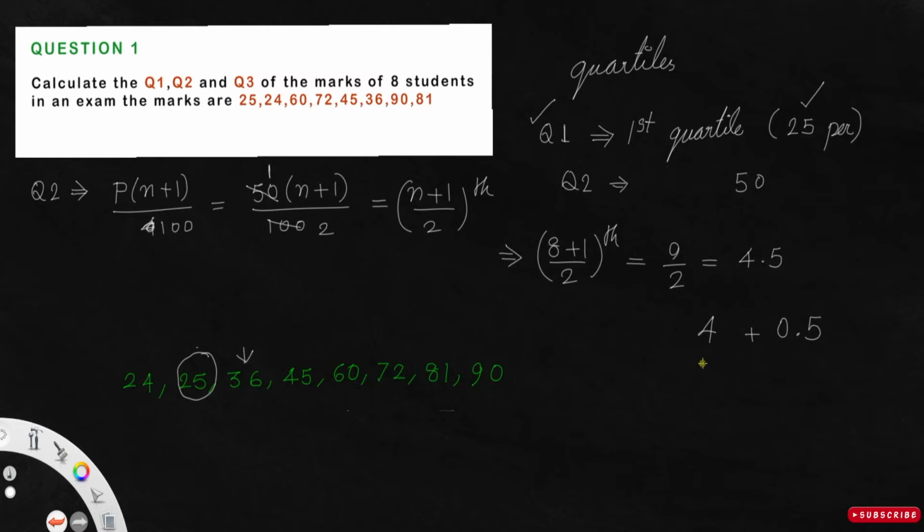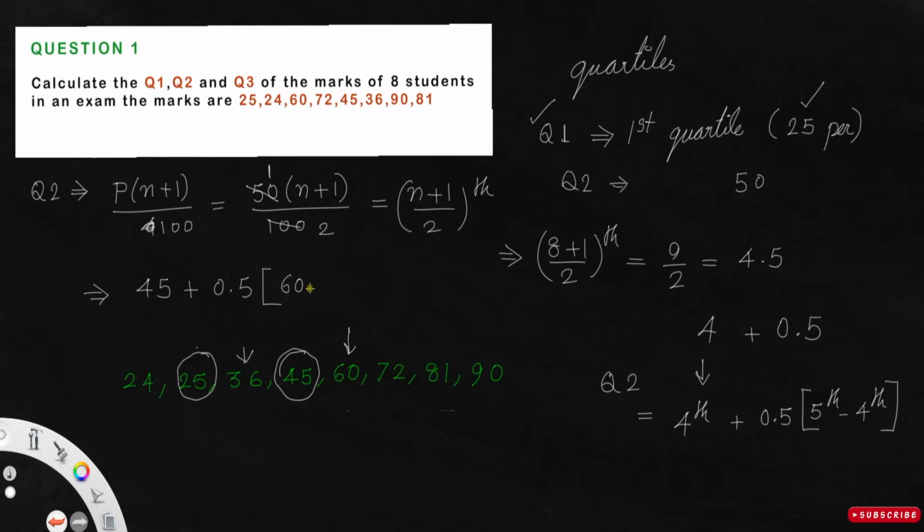That is 4th plus 0.5 times, the position next to 4th is 5th, so 5th minus 4th. That's our second quartile. Now plug in the values here. What's the fourth data point? It is 45. So 45 plus 0.5 into, 5th is 60, so 60 minus 45.